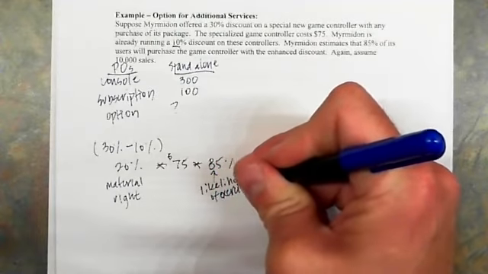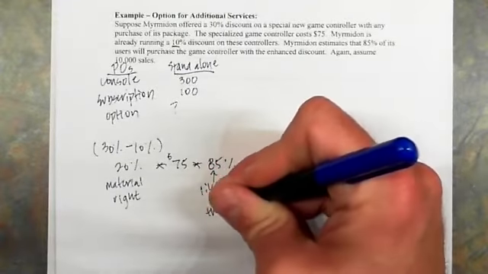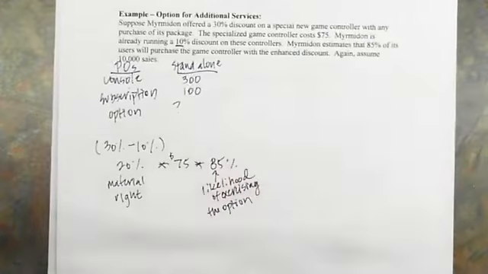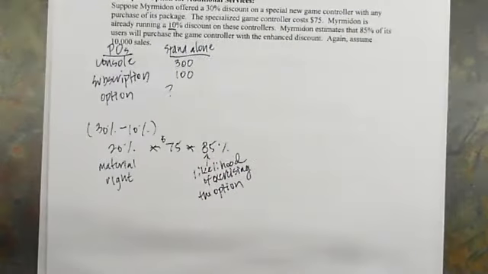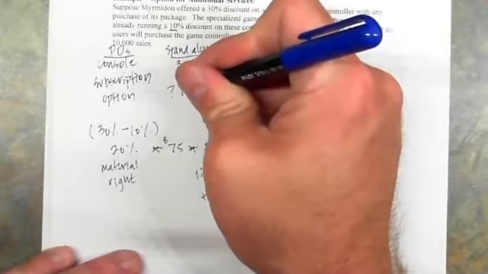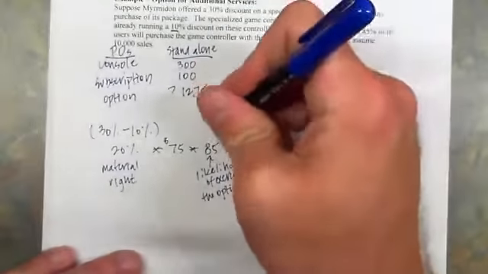So the likelihood of exercising the option. So we have a 20% material right times the $75 price of the controller at its gross price, and then multiply that by the likelihood, is going to be $12.75. So that is the price of the option.